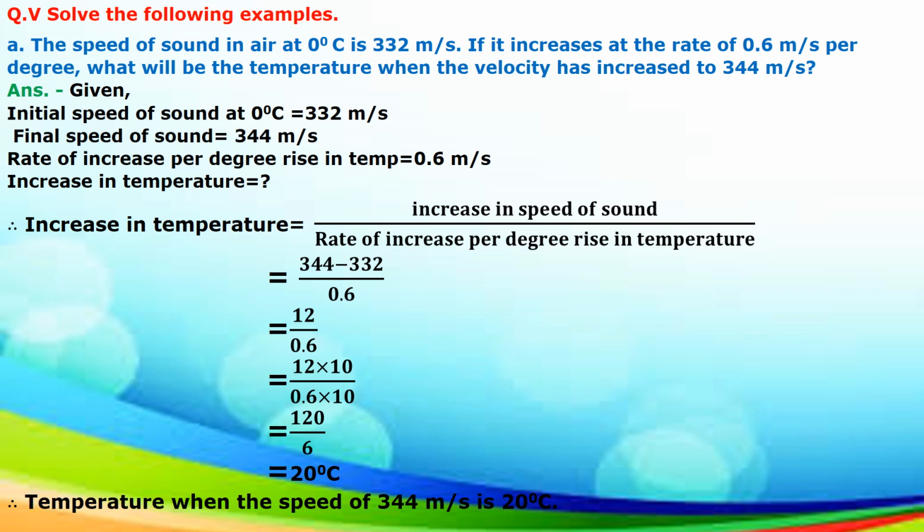So 12 into 10 upon 0.6 into 10 is equal to 120 upon 6. So 120 upon 6 means 20 degree Celsius. So therefore increase in temperature is equal to 20 degree Celsius. Therefore the temperature when the speed is 344 meter per second is 20 degree Celsius.